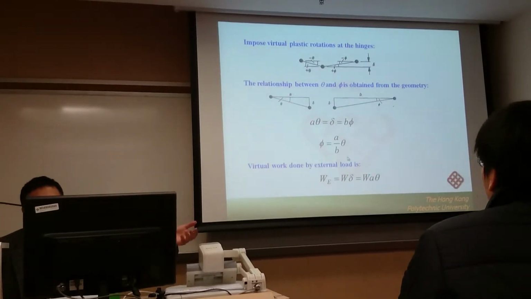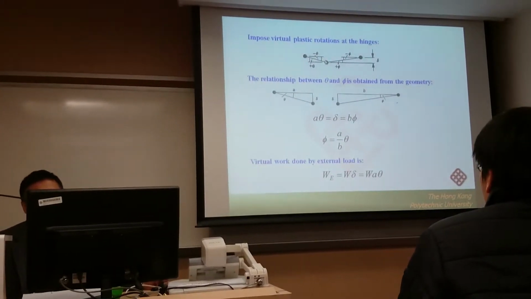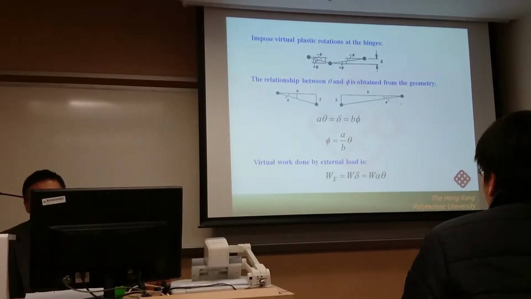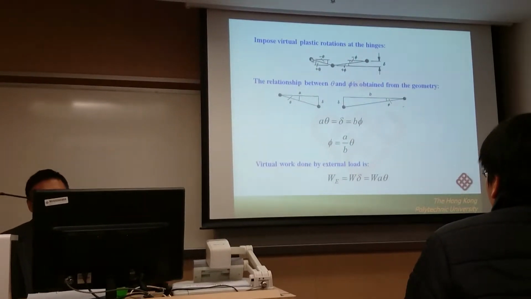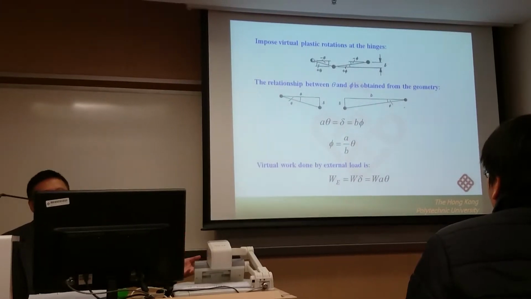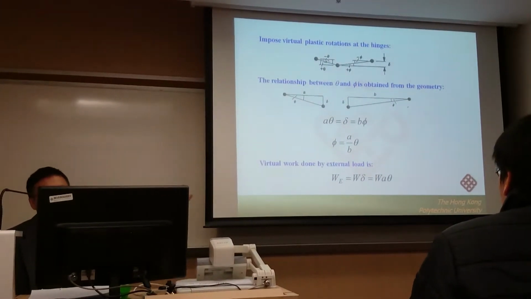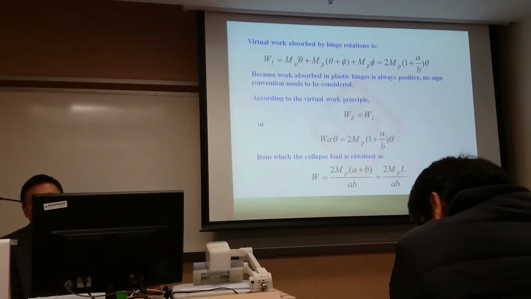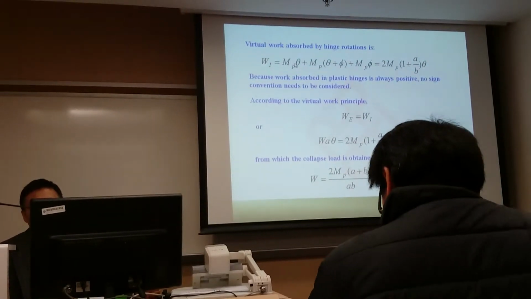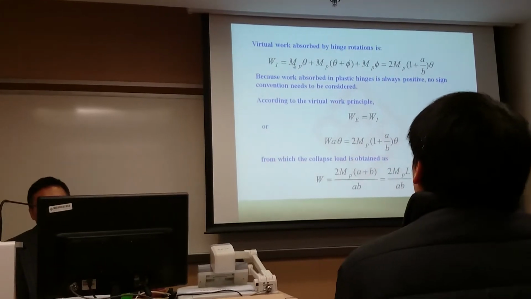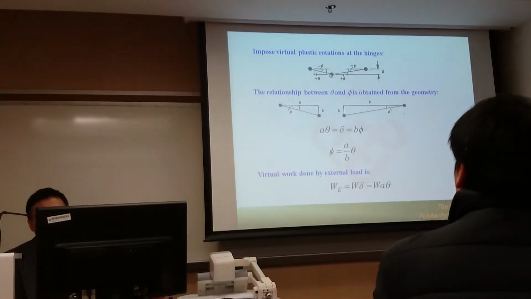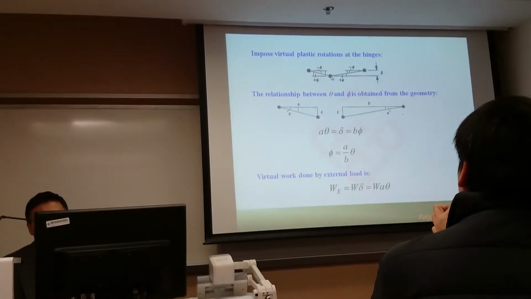And how about the internal energy? We have a rotation at this plastic hinge, so the rotation is equal to theta, and the moment is equal to Mp here. So Mp times theta. You don't need to mind the positive and negative. This is the left plastic hinge, so the internal energy is equal to Mp times theta. And how about the rotation for the internal plastic hinge?